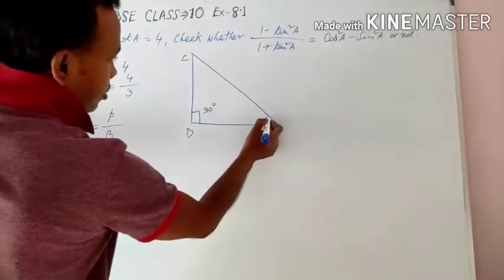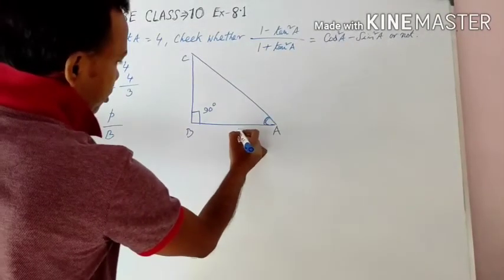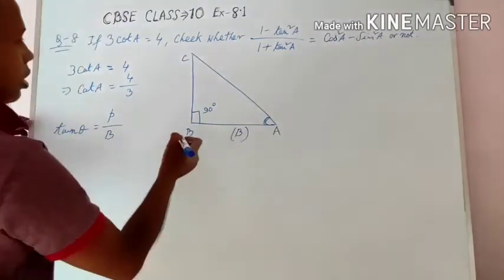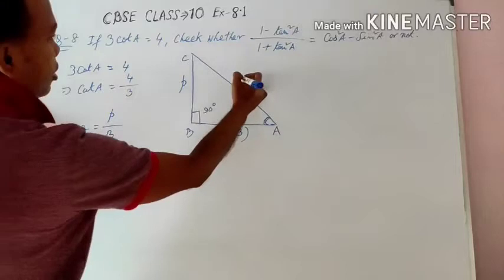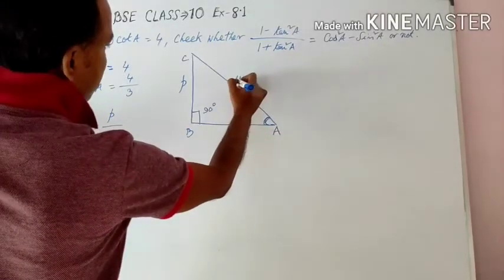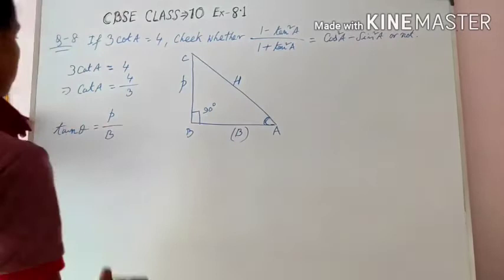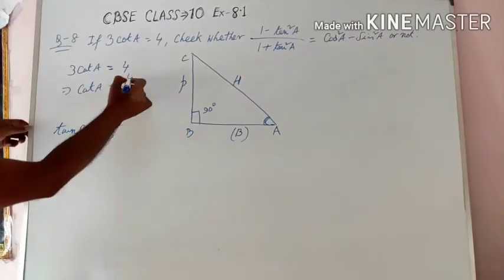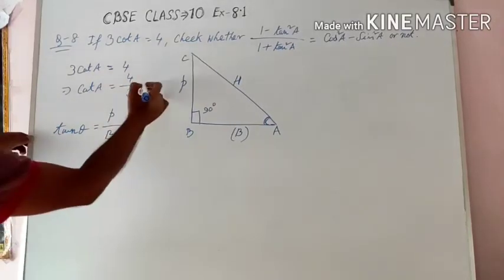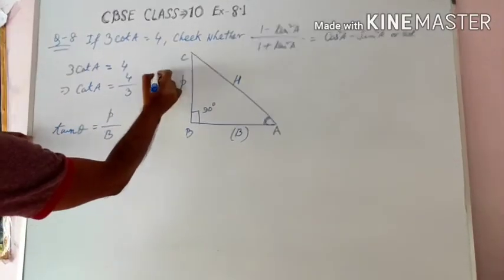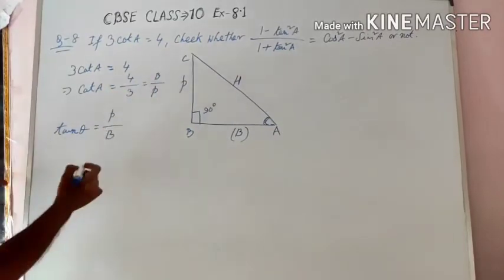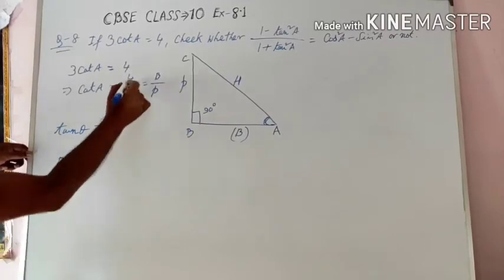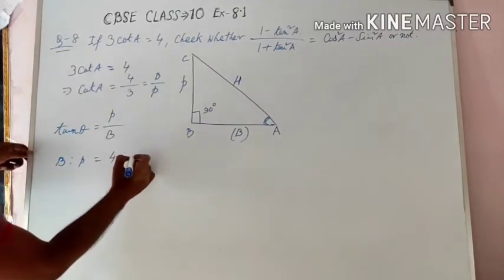Here, if this is your angle A, then AB is the base, BC is the perpendicular, and AC is the hypotenuse. So cot A is equal to 4 by 3. That means cot A is equal to base by perpendicular. That is, the ratio of base to perpendicular is 4 is to 3.